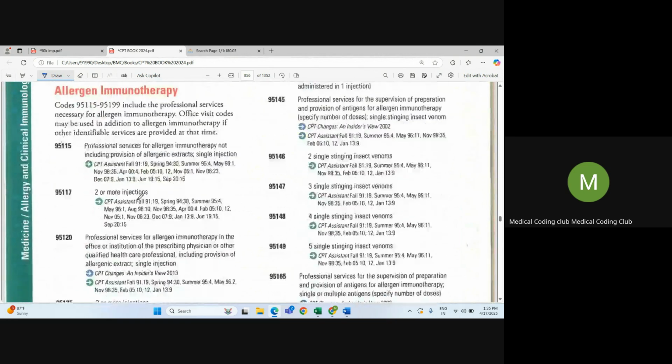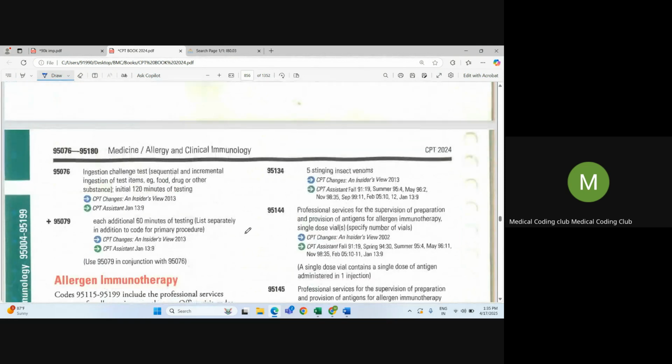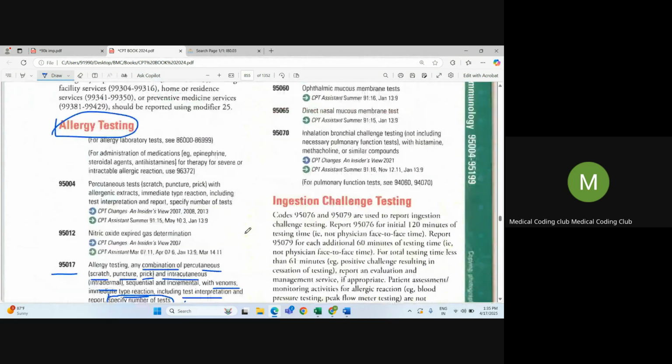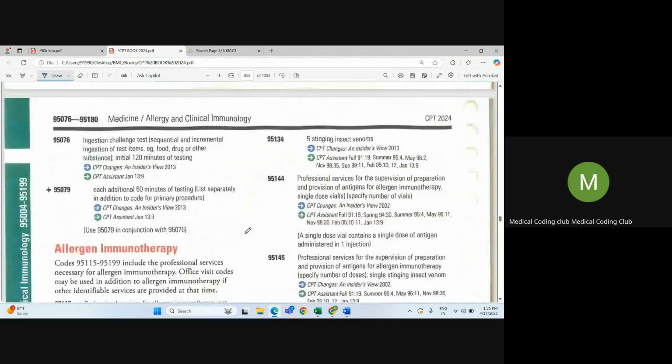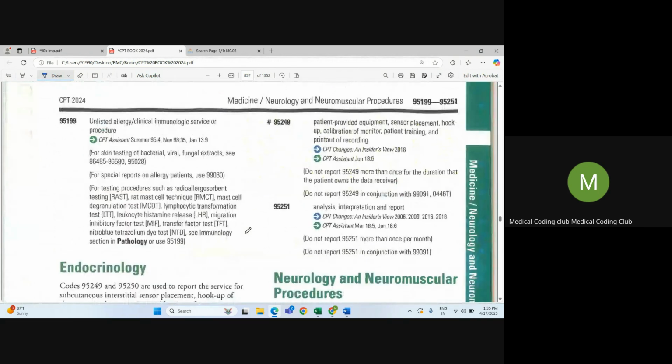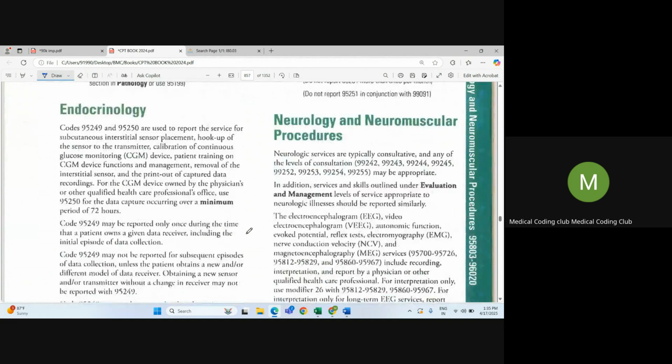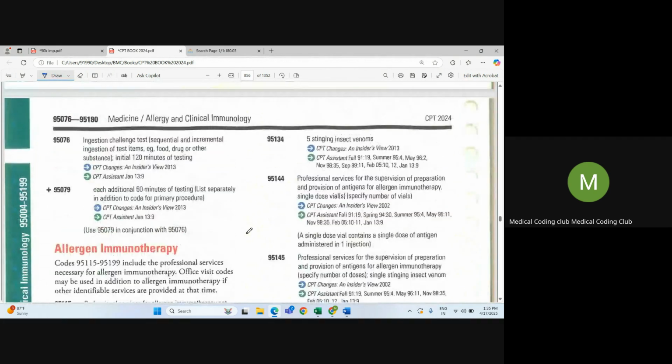Okay, I don't think so, maybe that code is out of numerical order. You can just check it.